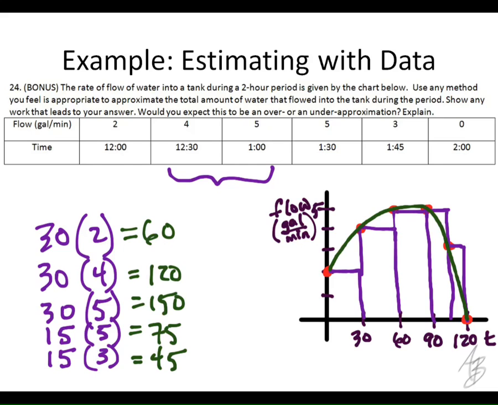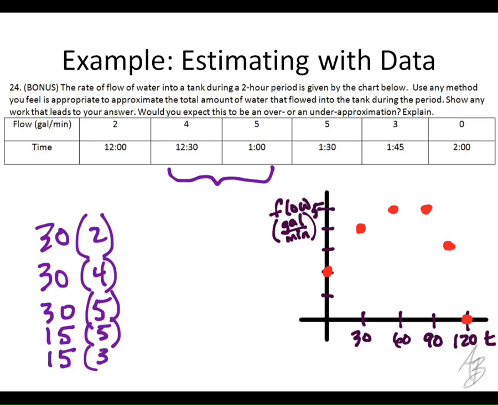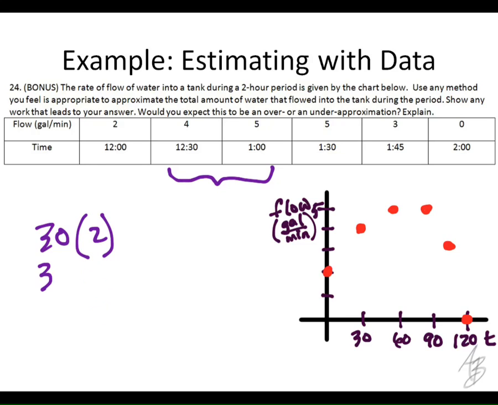What would be different about all this? Well, hold on. Let's talk about the math part first. What would be different about the problem that I just did? The flow that we used. Yeah, so instead of using 2 for the first half hour, we would use 4. And instead of using 4 for the second half hour, we would use 5.